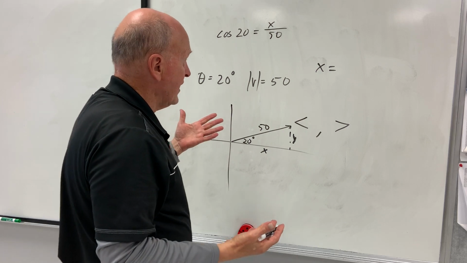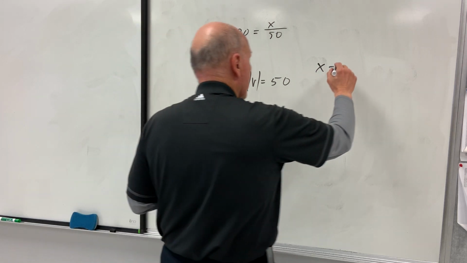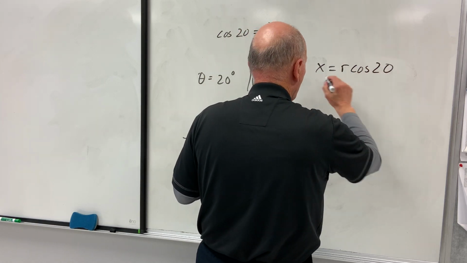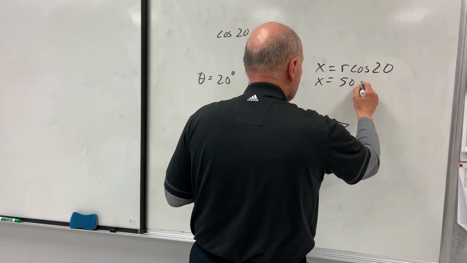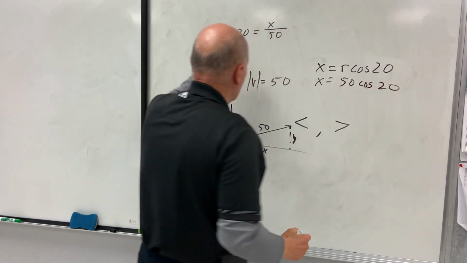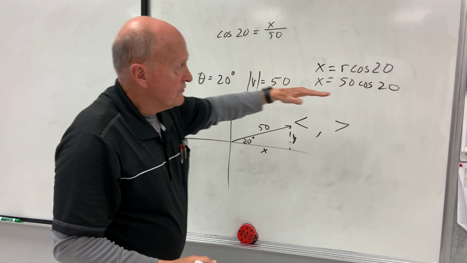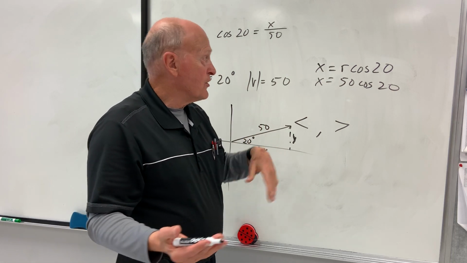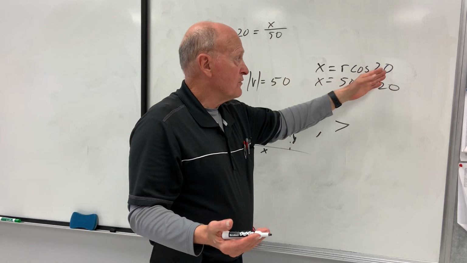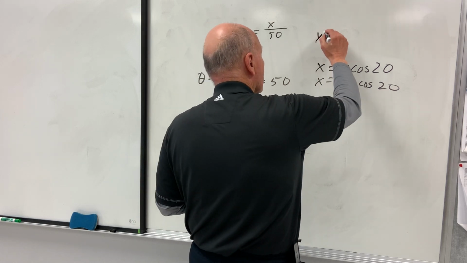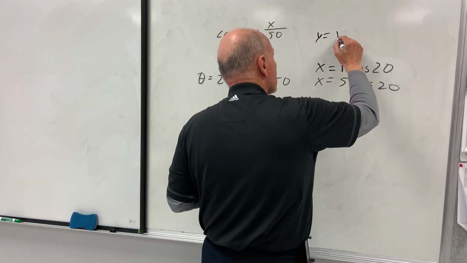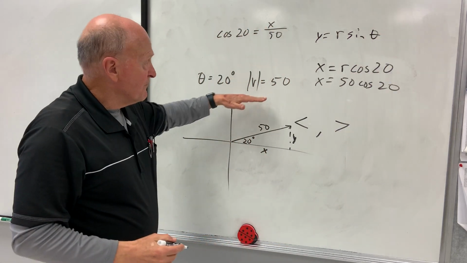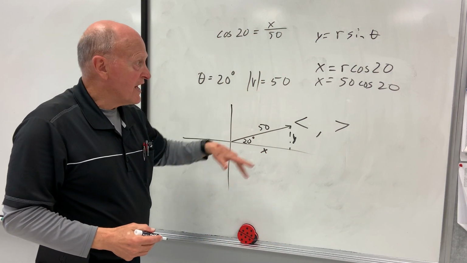Some people just say x is equal to r cosine of the angle, in this case 50 cosine of 20. If you do a few of these, all you're going to do is say x is r cosine of theta and y is r sine of theta, and that's coming from this definition of sine and cosine.